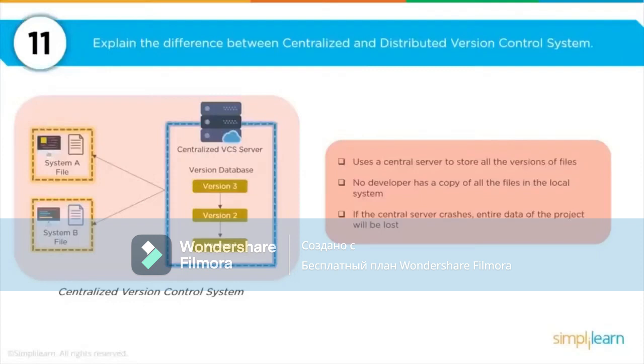So the first question you'll be asked when it comes to Git is to talk about the difference between centralized and distributed version control, and look at the way that the two are set up.